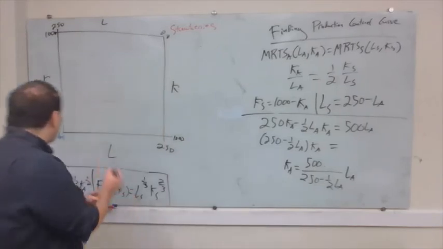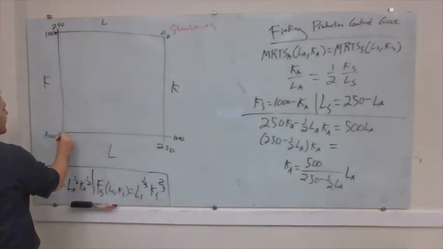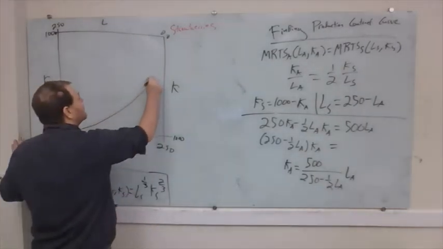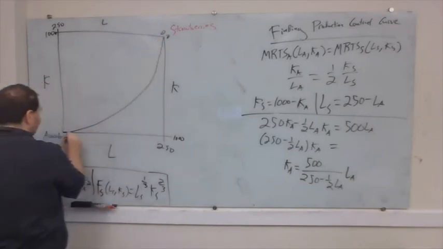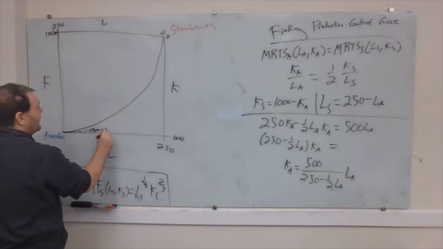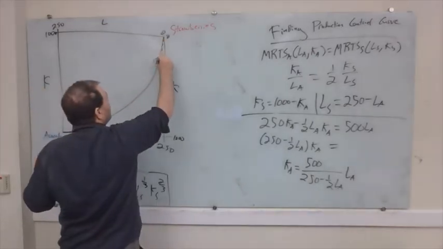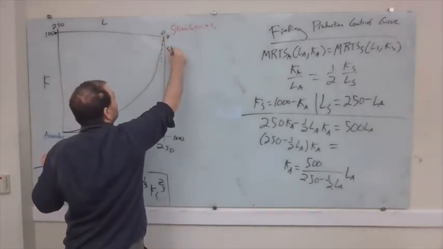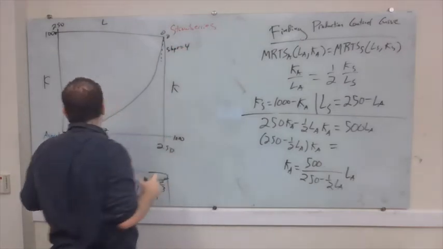So if we graph our real production contract curve, it's going to look something like this, where the slope down here equals 2, the slope up here equals 4.